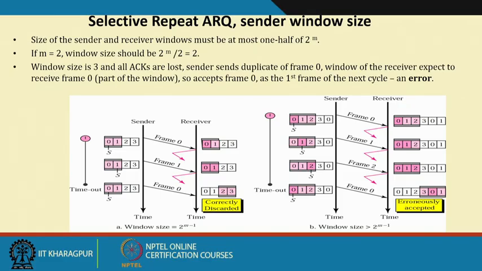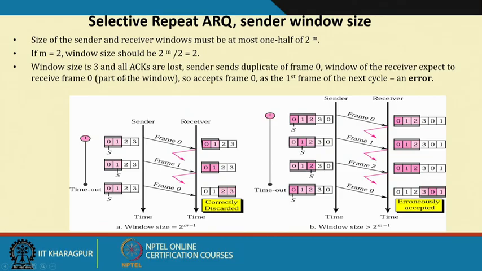So, like in the other case also, if the window size is greater than 2 to the power m divided by 2, then the receiver may accept a duplicate though it was damaged, that is, erroneously accepted, whereas if it is within that limit, it is correctly discarded by the receiver.